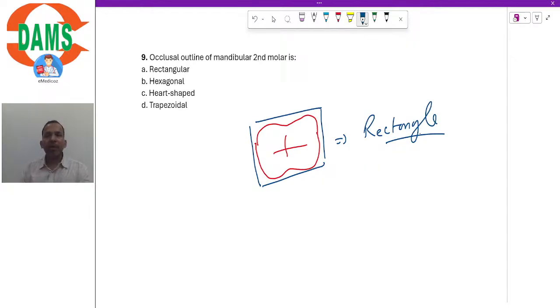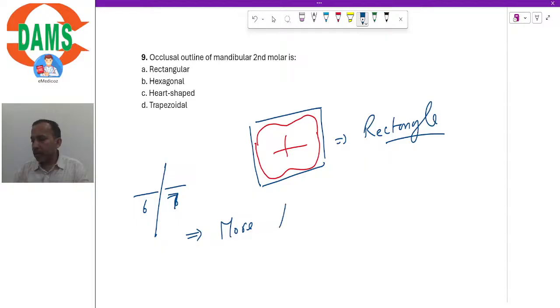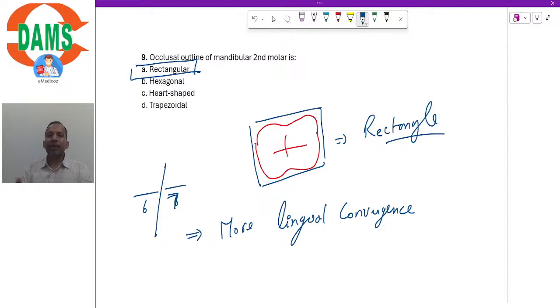It resembles a rectangle. Yes, very good. Option A, that is rectangular, is the correct answer.